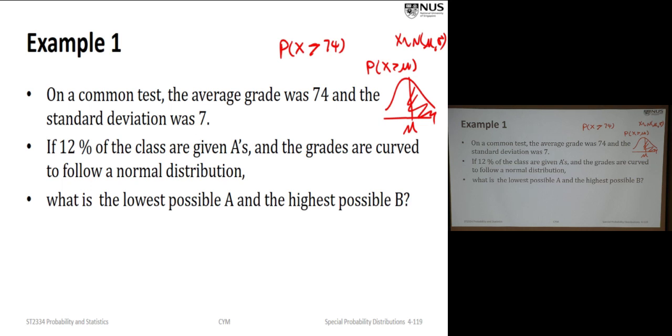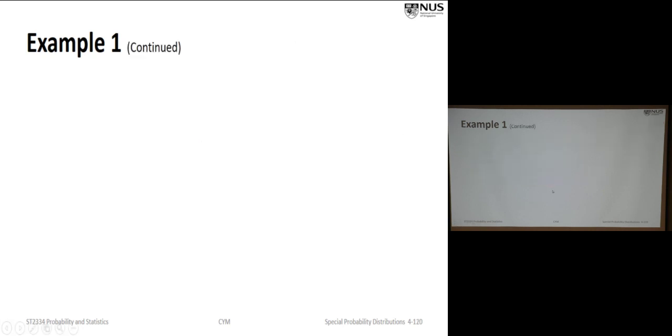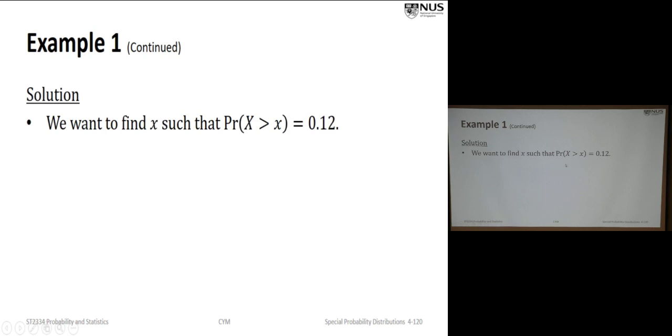The question asked is, find me the value such that the probability of being greater than it is 12%. So that's what we are asked to find. Find this value A such that it's greater than this value only 12% of the time. The lowest possible value of A, of course. So we try to get this mark.